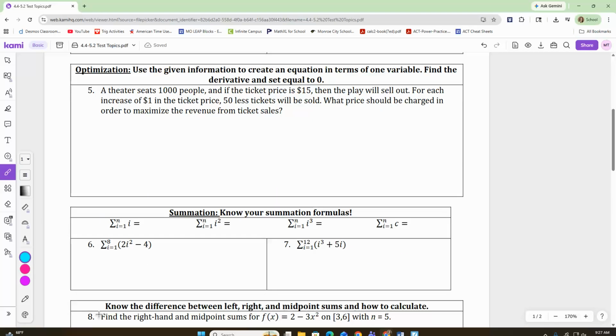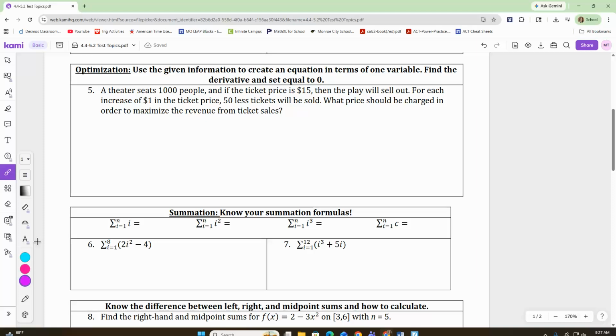Optimization. The hard part about these is setting it up. So let's take a look at this. A theater seats 1,000 people, and if the ticket price is $15, then the play will sell out. Remember, when you have these price problems, the x value has to be the number of tickets, because we're trying to get revenue.